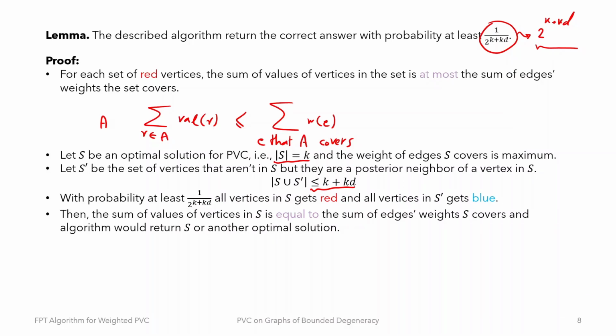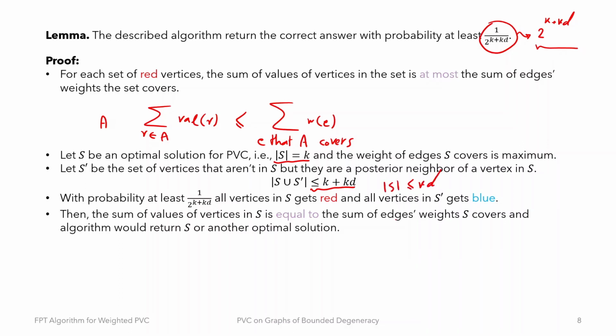Because each vertex of S has at most d posterior neighbors, each member of S would add at most d vertices into S prime. So the size of S prime is at most kd.